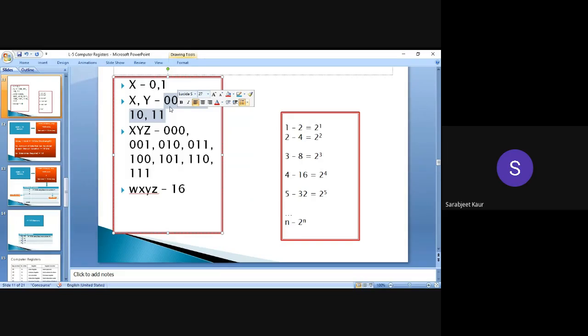Is this clear? Yes, ma'am. So in general, when I have 2 raised to the power of n memory locations, then how many address bits do I require? n.